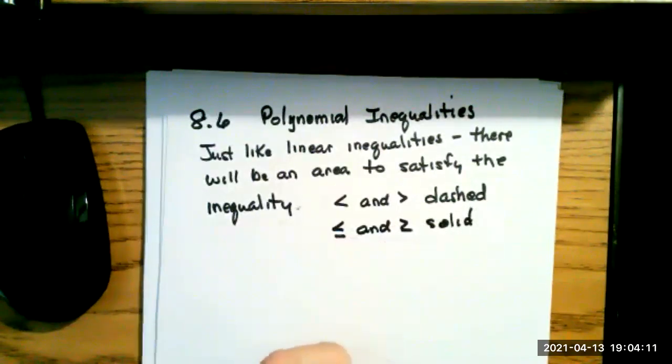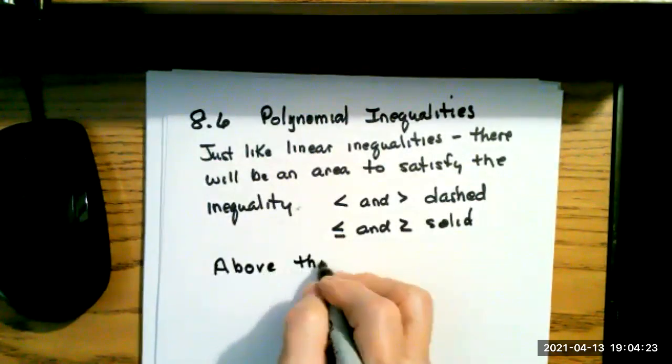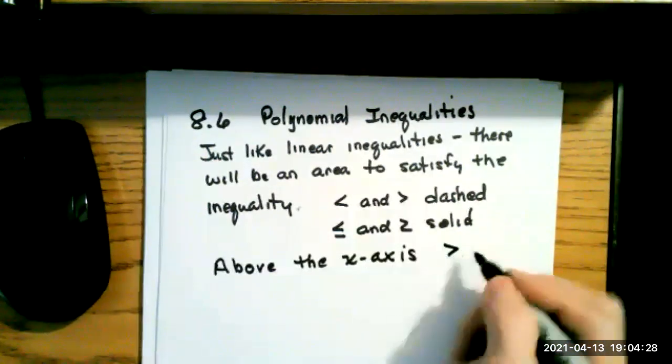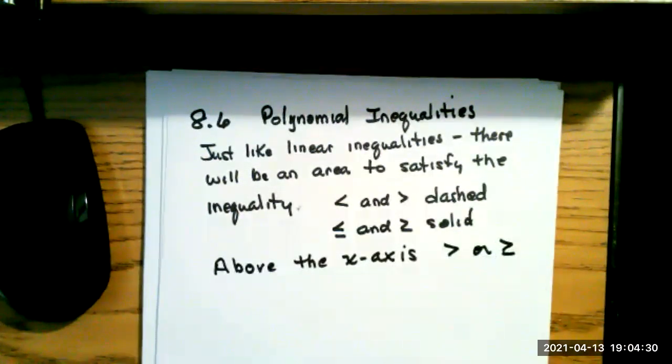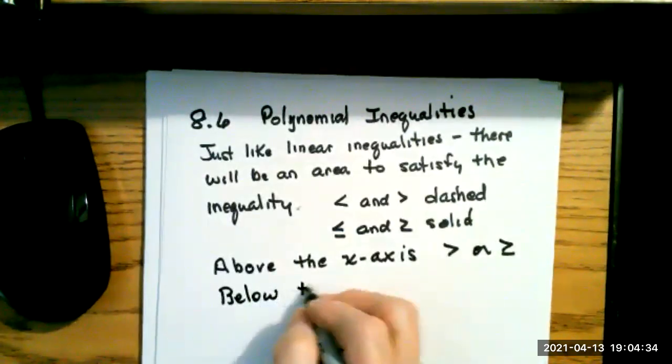And remember before we said if it was above the line, it was greater than, and below the line, it's less than. This time it's above the x-axis is greater than, and below the x-axis is less than.